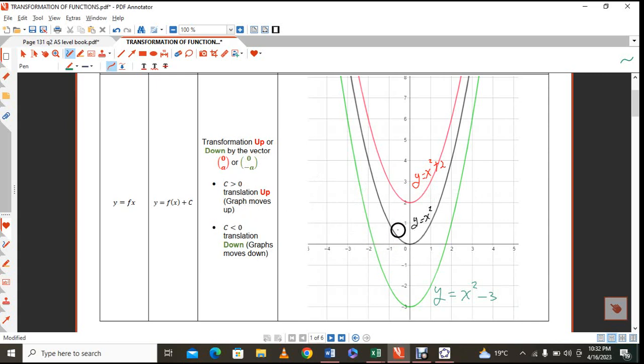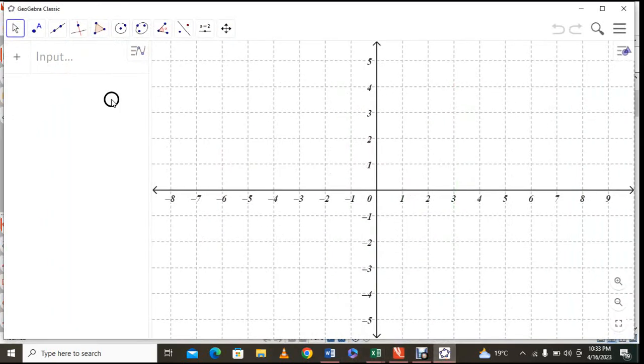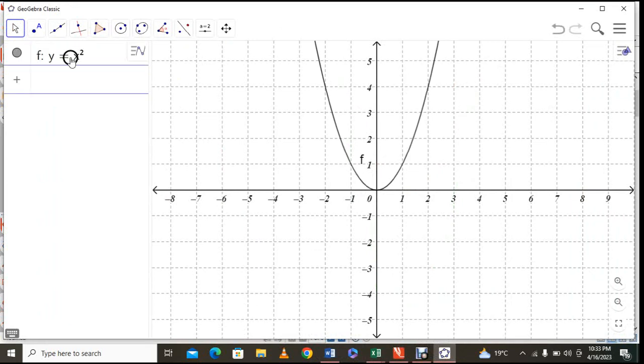Okay, so just so you can see, if one has to put it up there for the software, I'll go here and then I will just type the graph y equals x squared. So this is the graph that I'm talking about.